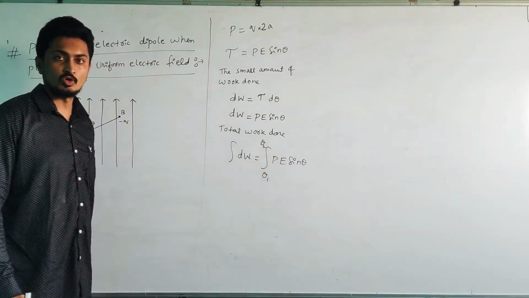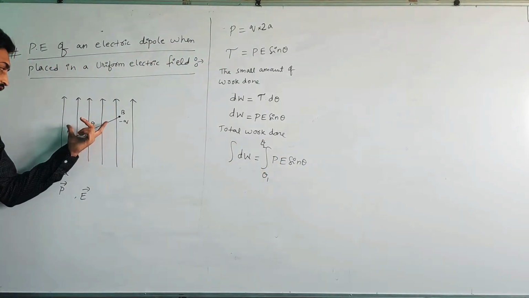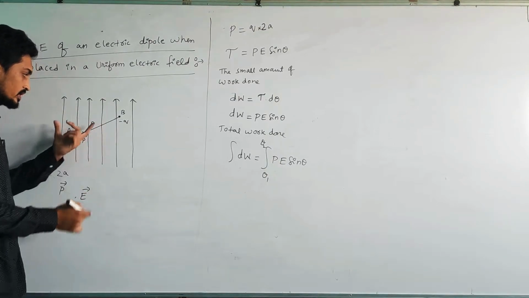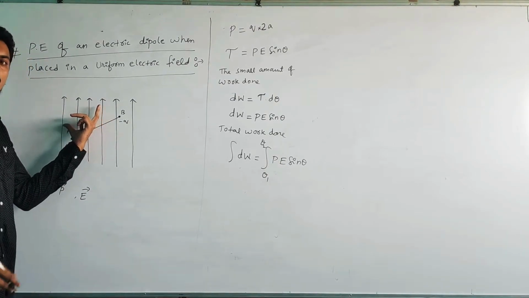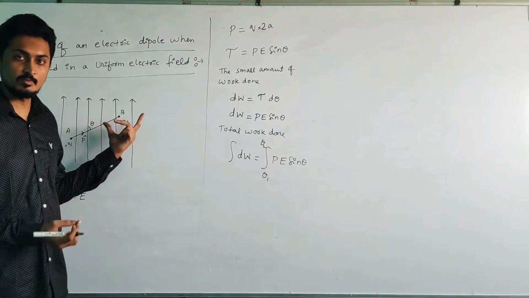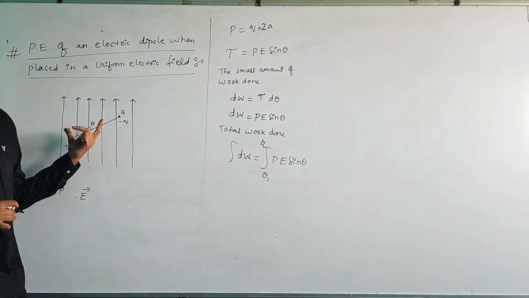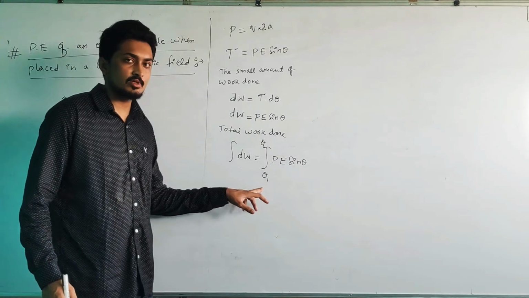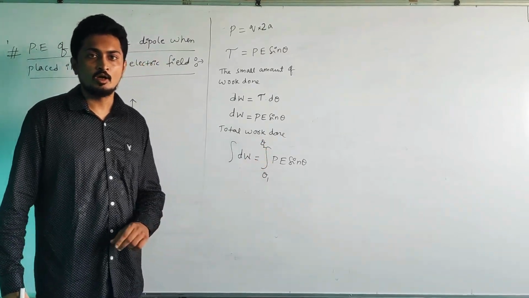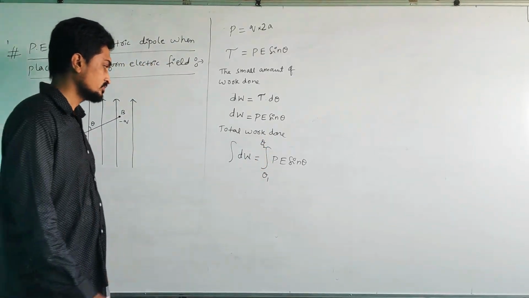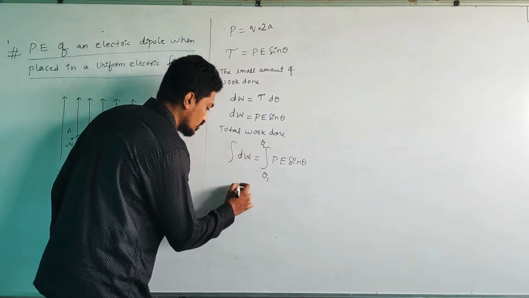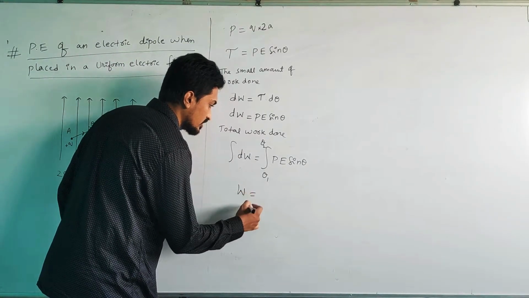Suppose we are rotating a dipole from one angle, theta 1, to the next, going from minimum to maximum. Theta 1 is the minimum angle, theta 2 is the maximum angle. So the integration of dW is W, the total work done.